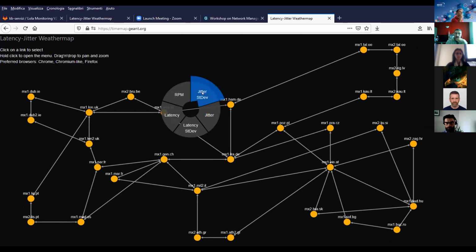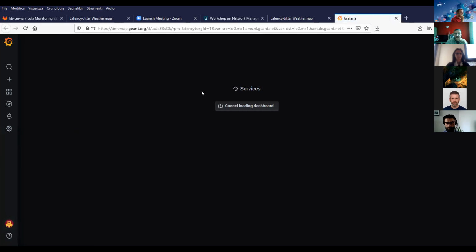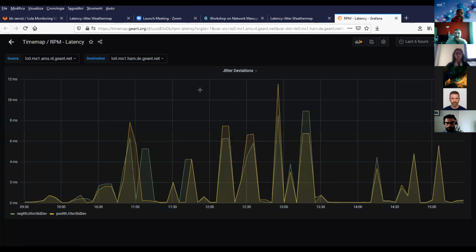So for example, if you want to see jitter standard deviation information, you select that link and the specific Grafana view pops up with the right variables. That's all. Let me stop my share.